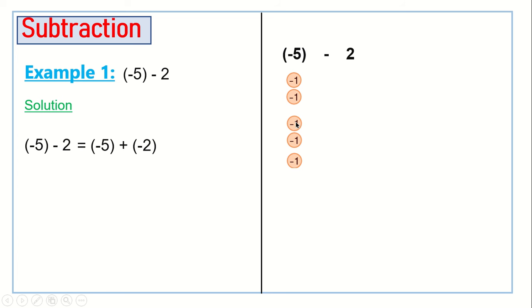Remember, we use 5 disks of negative 1 to show negative 5, and we can use 2 disks of negative 1 to show negative 2. And since both of them are negatives, we cannot have a zero pair. So altogether, we will get a negative of 7. So our answer will be negative 7.